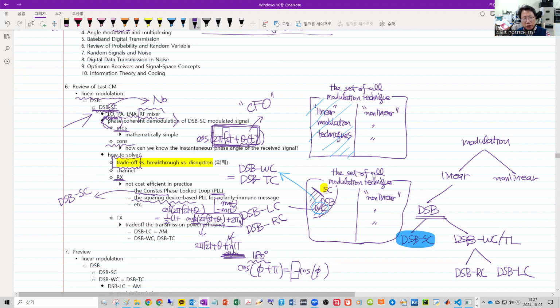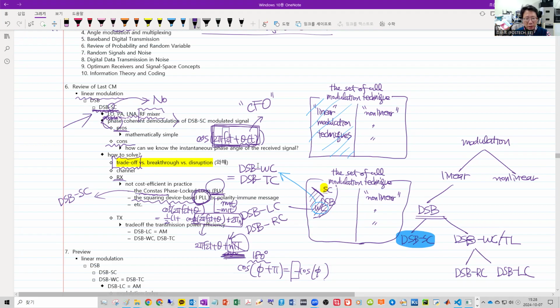Anyway, such phase lock loops, whether a Costas phase lock loop that finds the exact phase angle of the received signal, or one that finds the phase angle with possible 180-degree ambiguity, were relatively cost inefficient at the time.